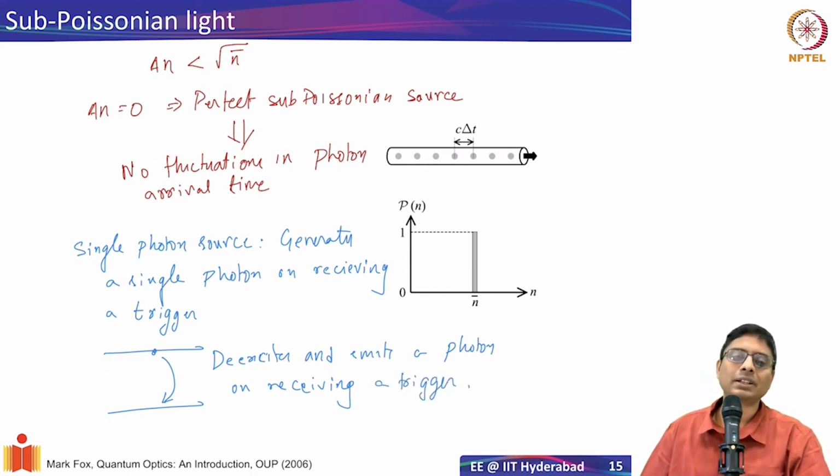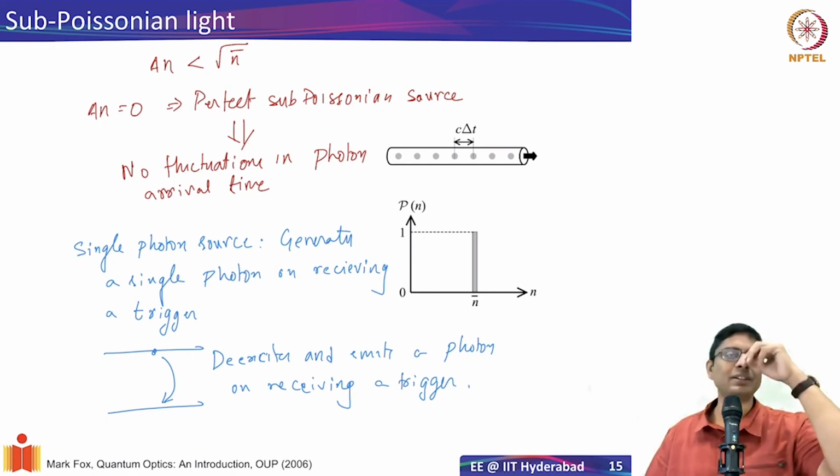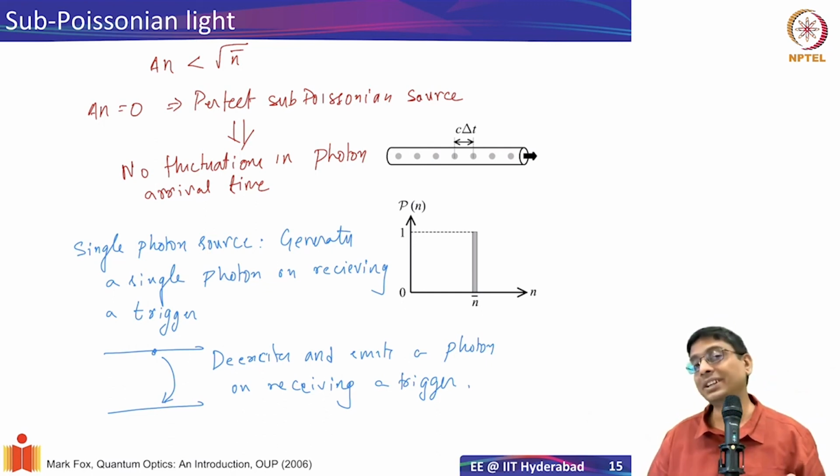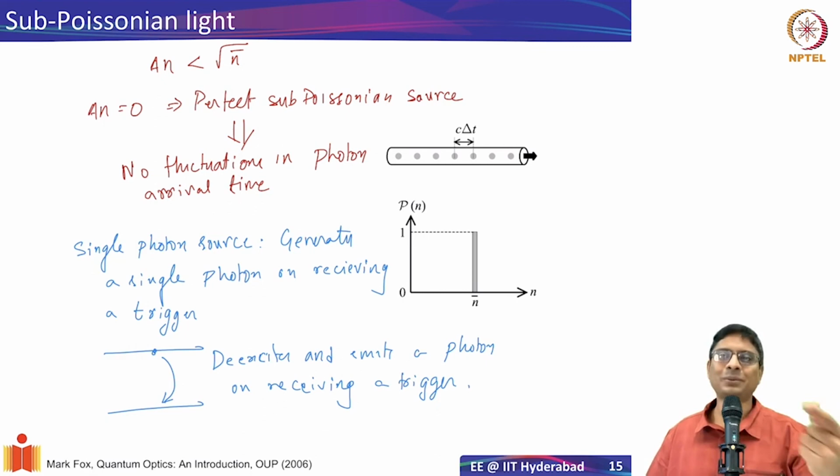That's a single photon source. So basically, you make sure that you have the excited state and then simply make it emit a photon. Now, will it really be deterministic? Because if it's emitting a photon, that's going to have spontaneous emission.